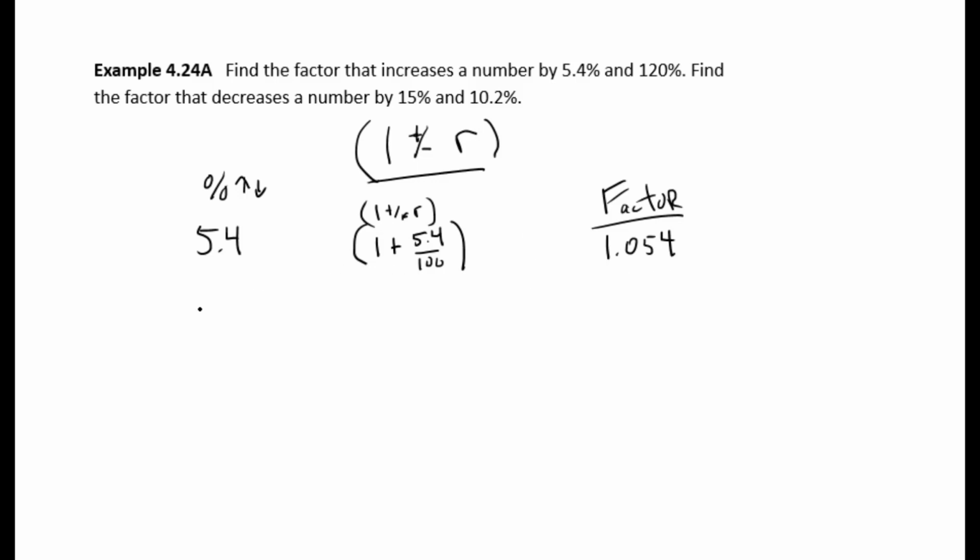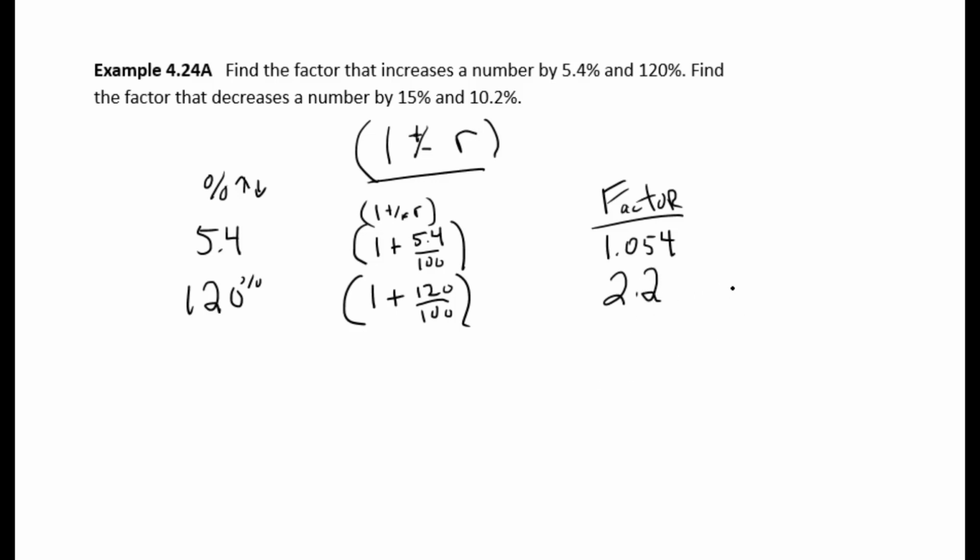So the second one is I'm going to increase a number by 120%. Now this is no different. I want the number back plus 120 over 100. So 120, I'm going to put this in my calculator, and I'm going to get, this is 1.2, so I'm going to get 2.2.